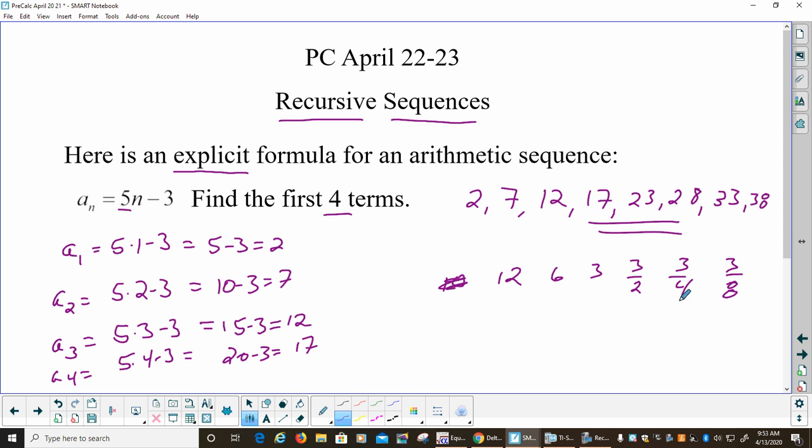I'm halving it each time. I'm taking each term and multiplying it by a half to get the next one in the sequence. To get the next term, I take the previous one and multiply it by a half. That's recursive.